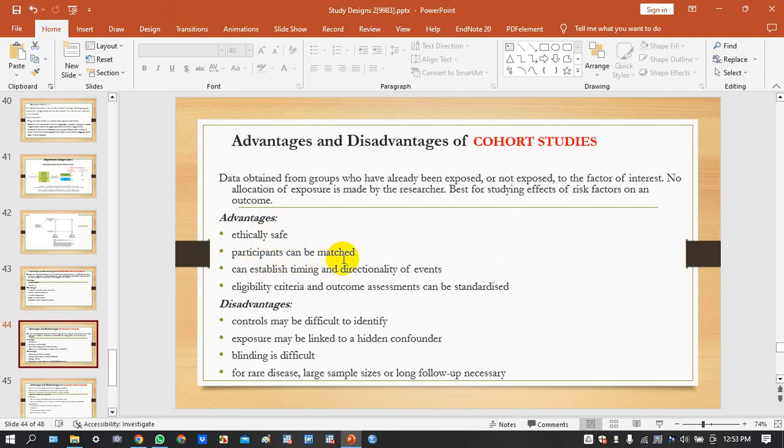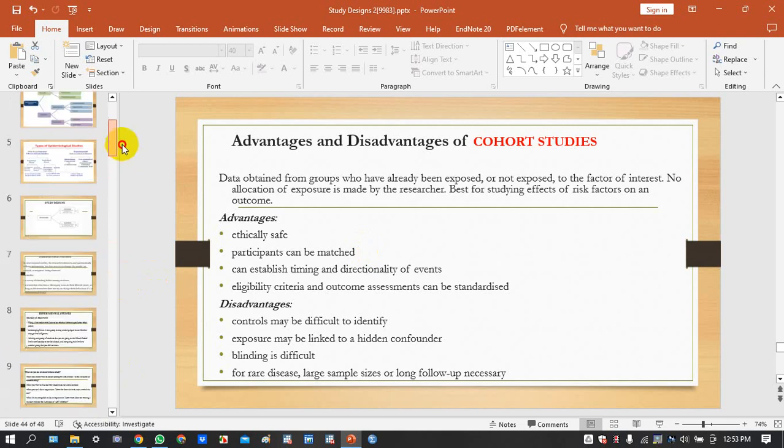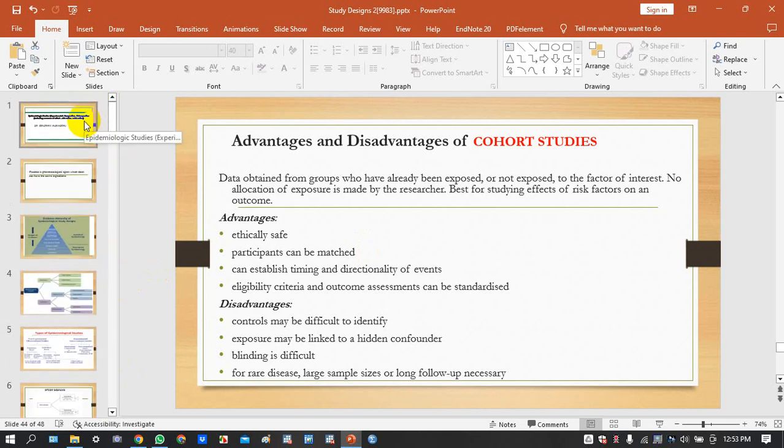Participants can be matched. For example, with anemia or gestational diabetes, you don't go and pick pregnant women and non-pregnant women. You pick pregnant women, then you pick pregnant women who had the condition at gestational week 24, and pregnant women who do not have the condition at gestational week 24.